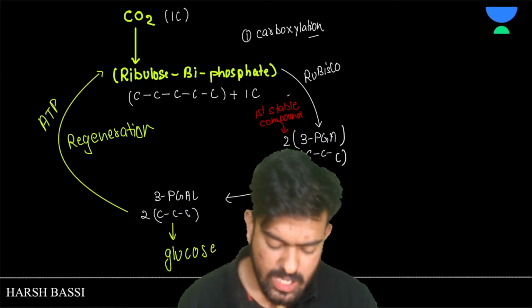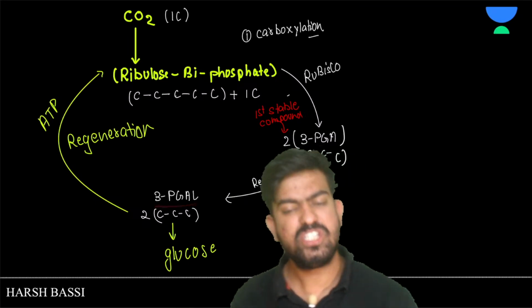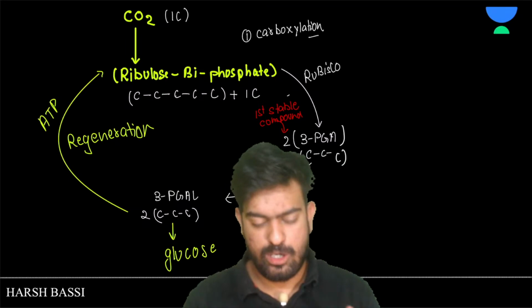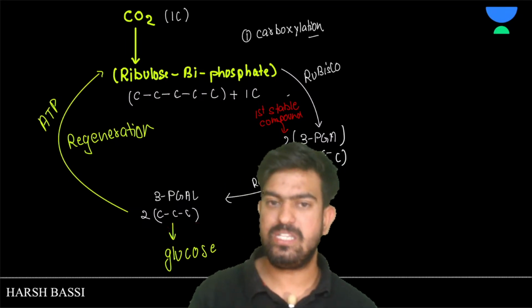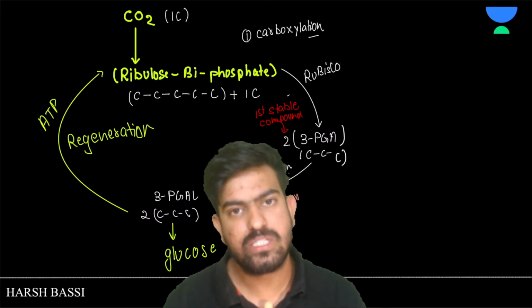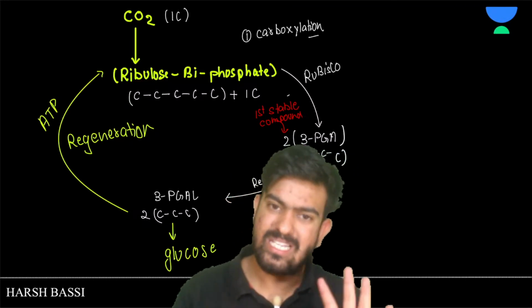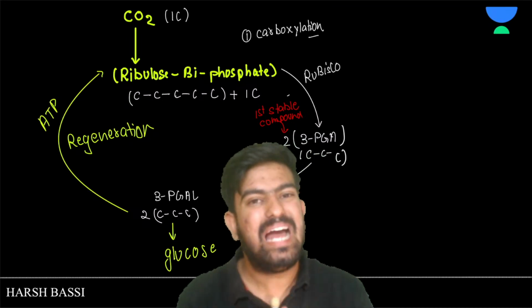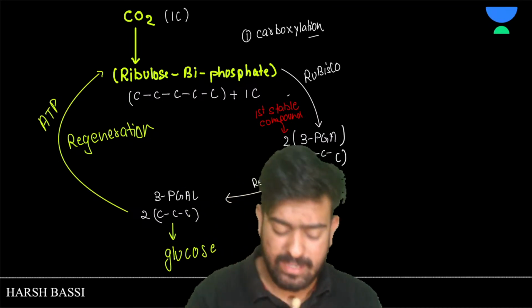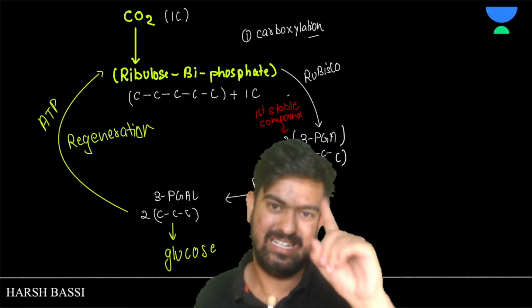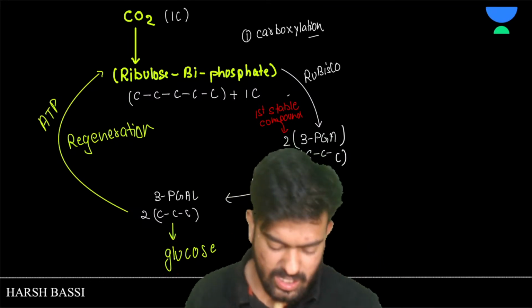That means, sir, here we have PGAL, which is 6 carbon. One PGAL molecule is of 3 carbon, so 2 PGAL molecules in total have 6 carbon. And RuBP is 5 carbon. That means to make glucose, only 1 carbon is there, right? Yes or no? Think about it now.